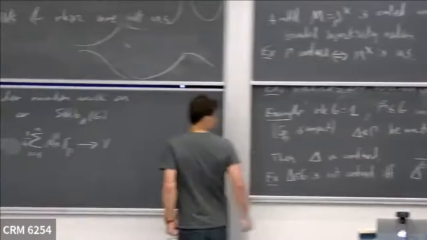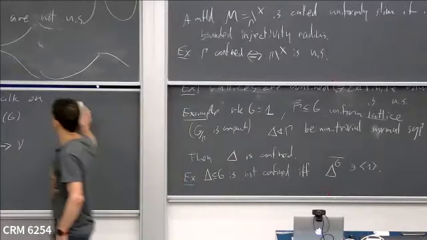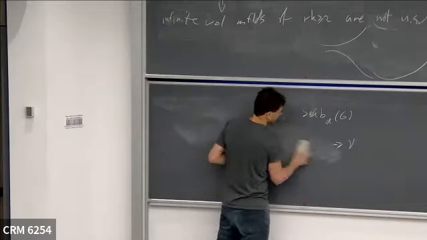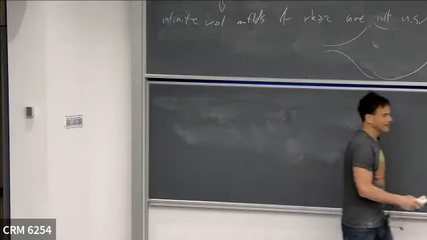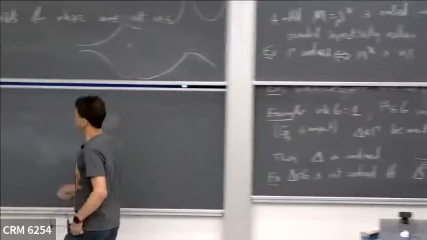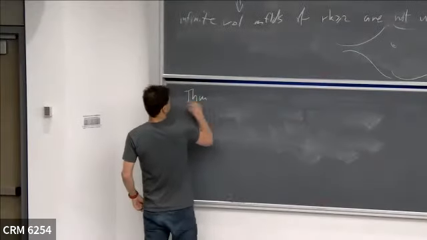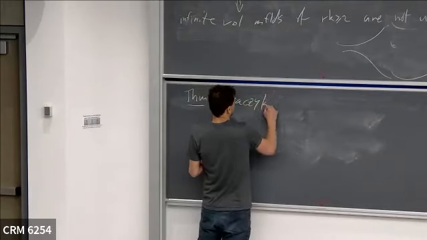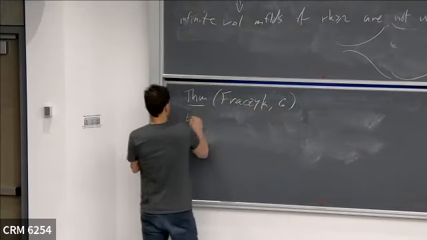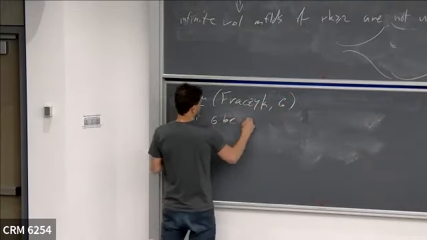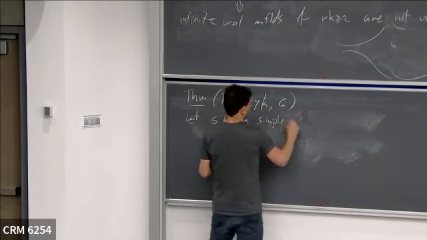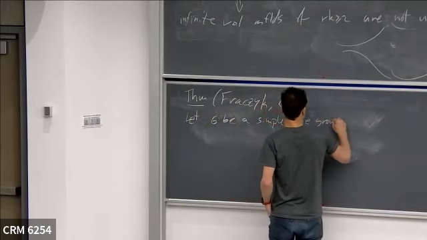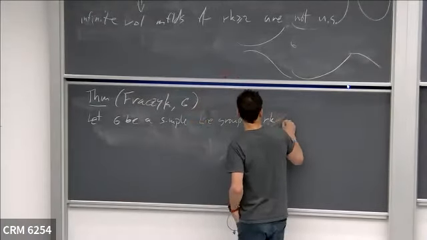Okay, so the theorem that Mikhail, Tsachik, and I proved is that this conjecture is true. Theorem. Let G be a simple Lie group of rank at least 2.